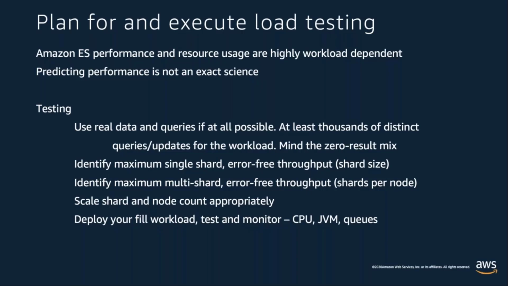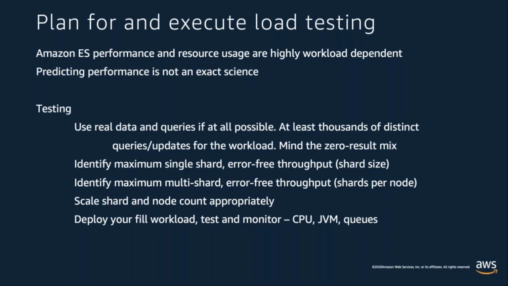You can vary the shard size, if you have enough data, by increasing out to that 50 gigabytes for logs or 20 to 30 gigabytes for search. Actually, you can go to 50 for search as well, to vary that shard size and find out where you get the best throughput.